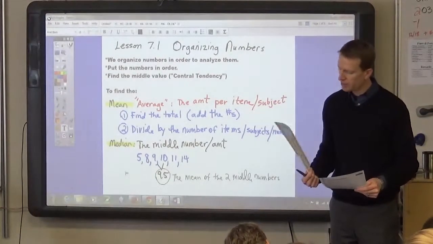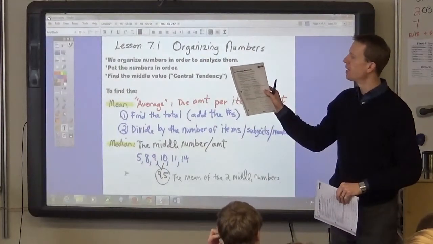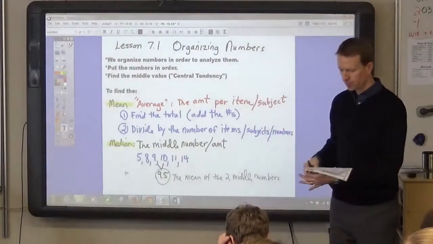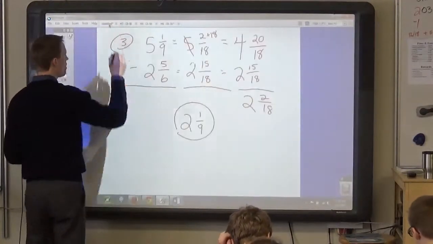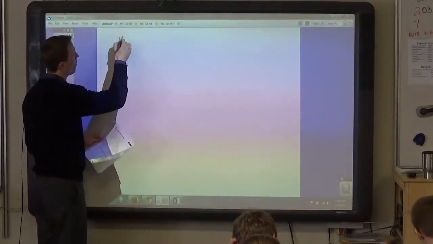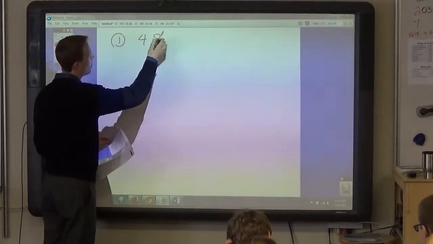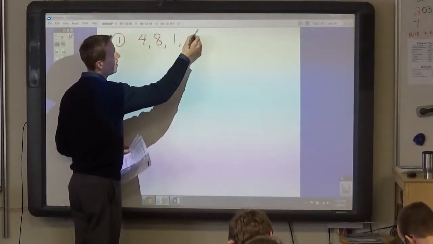So look at the first example. On lesson 1, RW47, it gives us an example to practice with. So let's do this one together. The first one gives us a set of 4, 8, 1, and 9.